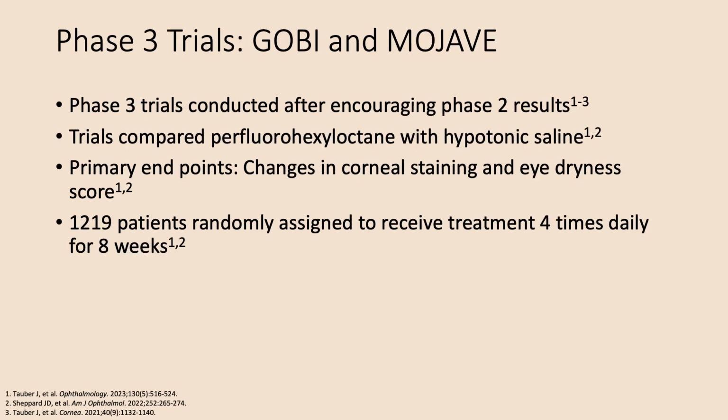The 2 phase 3 trials were Gobi and Mojave, and they were conducted after successful phase 2 trials. They compared perfluorohexyloctane to hypotonic saline, and the primary outcomes were changes in corneal staining and the eye dryness score. There were almost 1,200 patients who were randomized 4 times a day for 8 weeks.